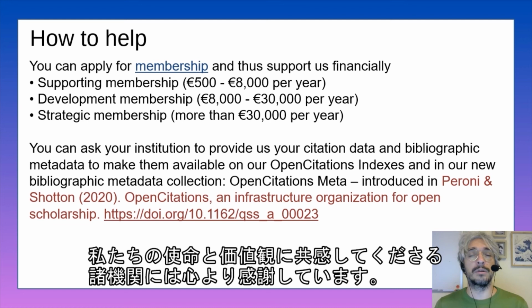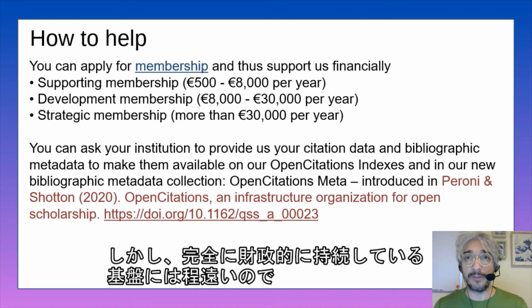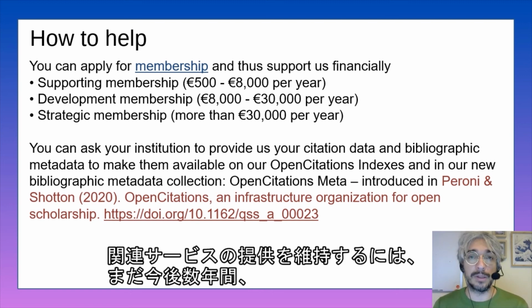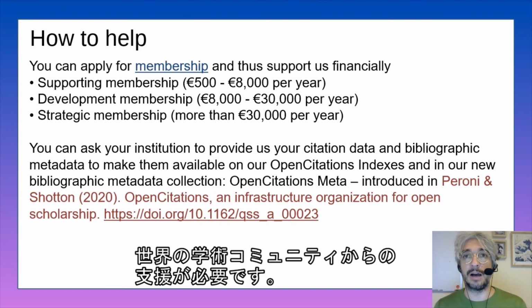We are really grateful to all the institutions that believe in our mission and values. However, we are still far from being a fully financially sustained infrastructure, and we still need help in the next year from the global scholarly community in order to keep all these bibliographic and citation data and the related services available for many years to come.